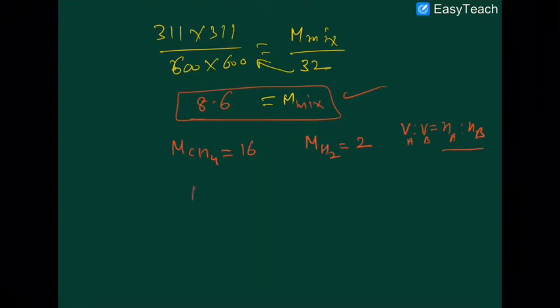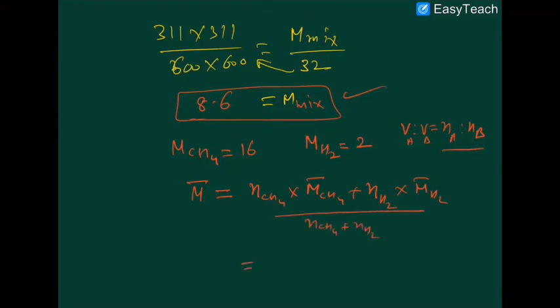So molar mass of the mixture will be equal to number of moles of methane into molar mass of methane plus number of moles of hydrogen into molar mass of hydrogen divided by total number of moles.